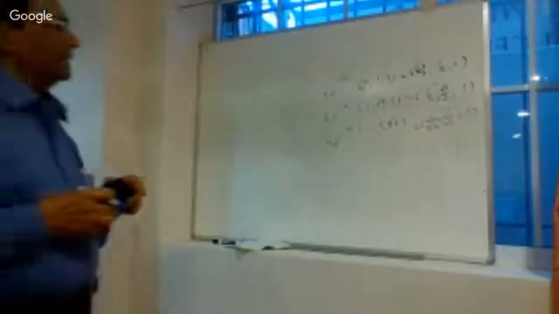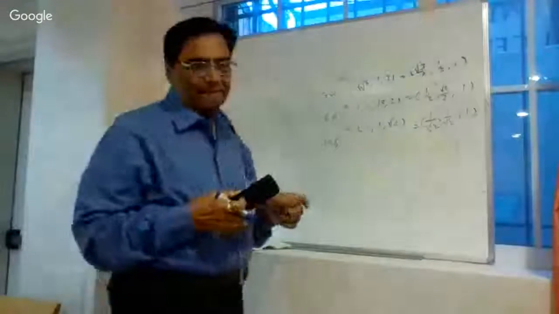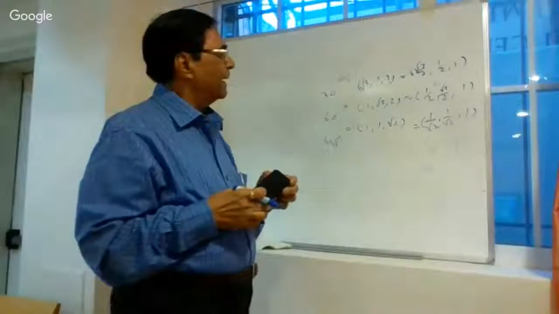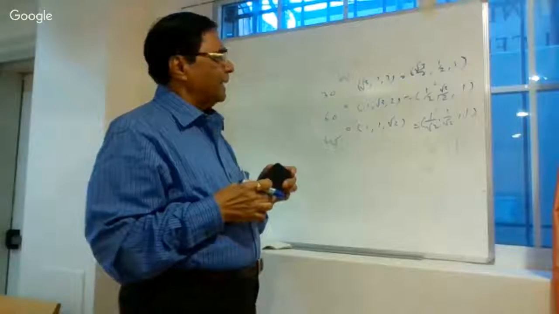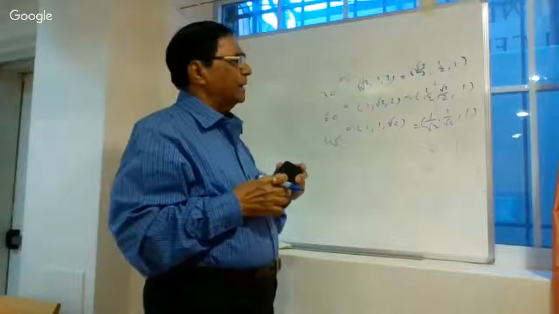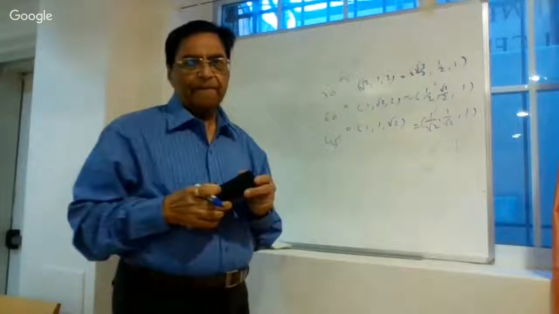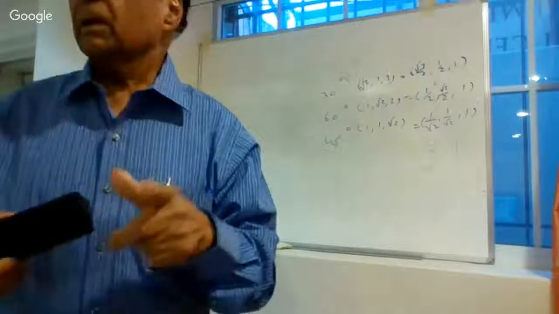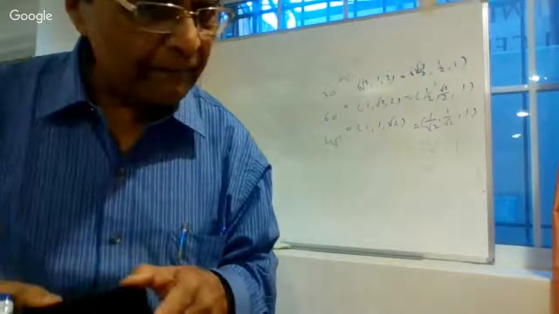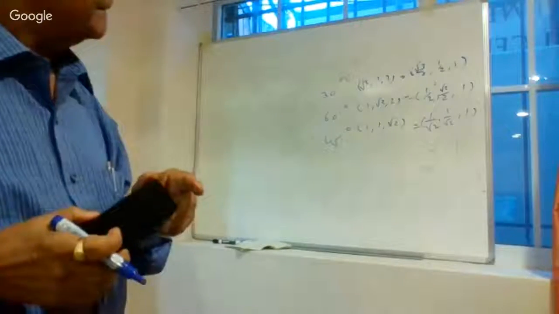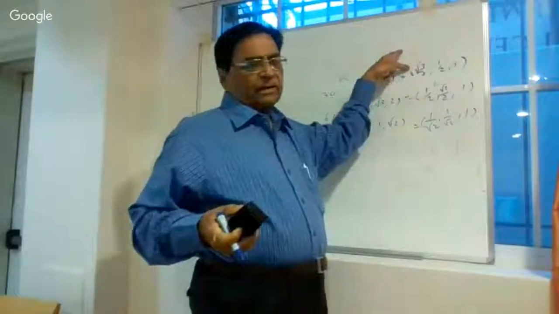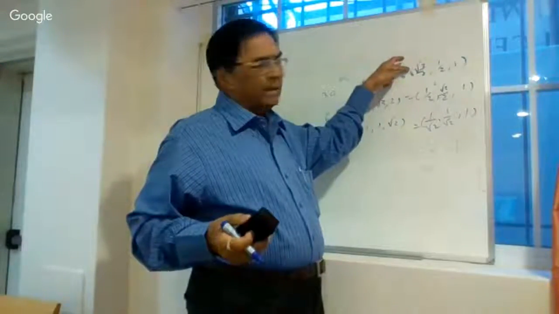Are you going to confirm this answer, root 3, 1 and 2, with the Pythagorean triplet formula, n squared, 2n, n squared minus 1?